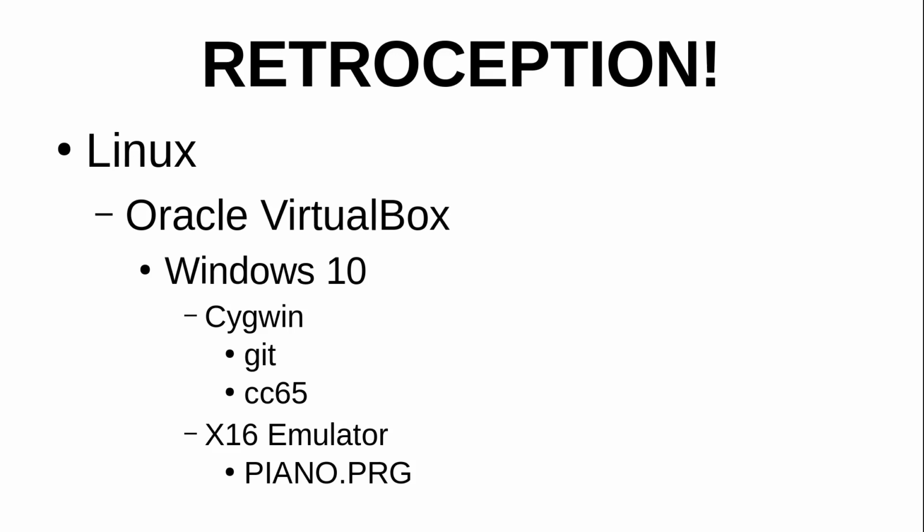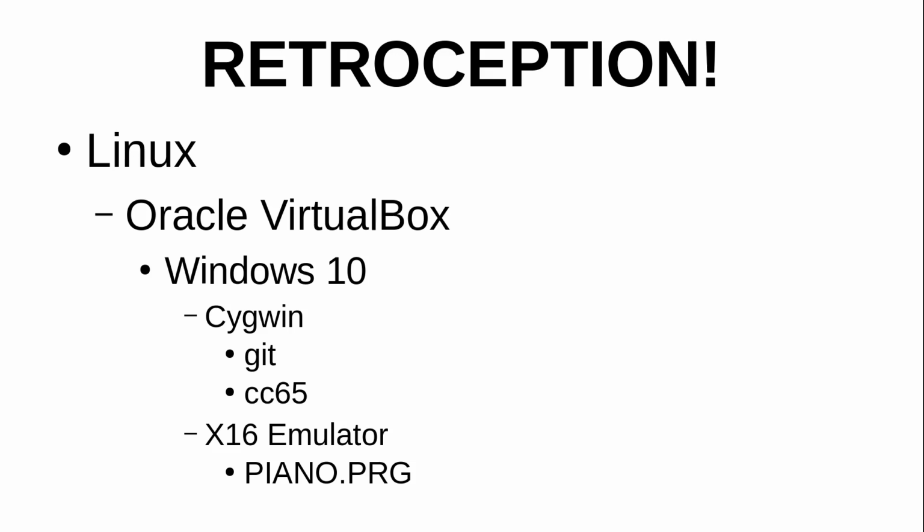So anyway, because this is a sort of contained environment, that's where I'm going to be running Git and CC65. Git is being run in there just for convenience. I could run Git natively on Windows, but I'm going to be installing Git within Cygwin along with the tools to be able to compile the CC65 compiler assembler suite for our favorite retro platform, the 6502.